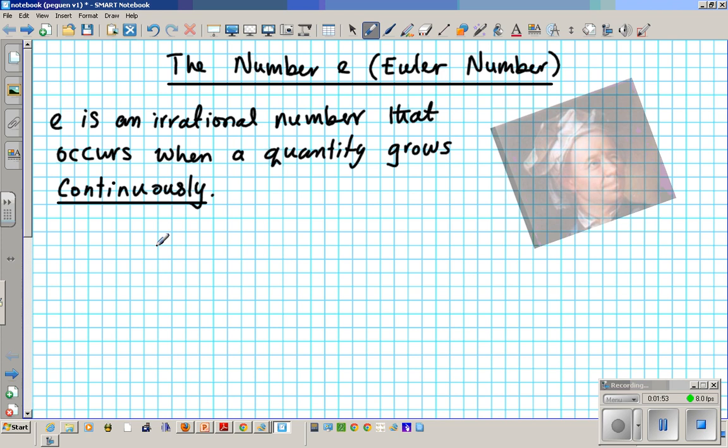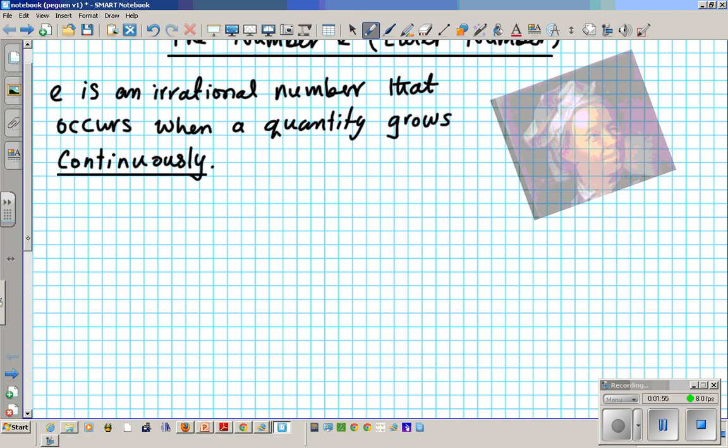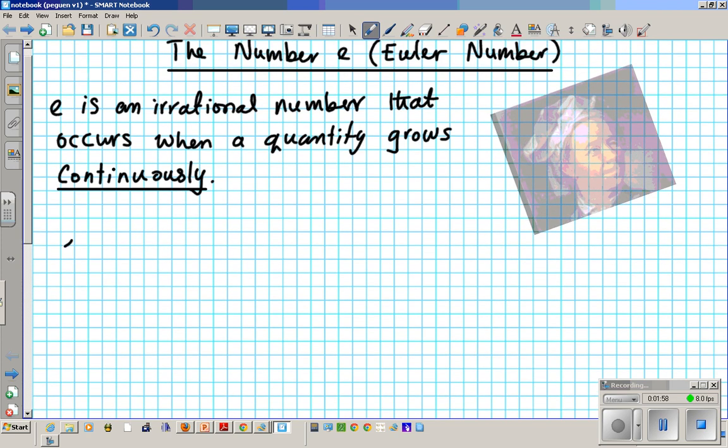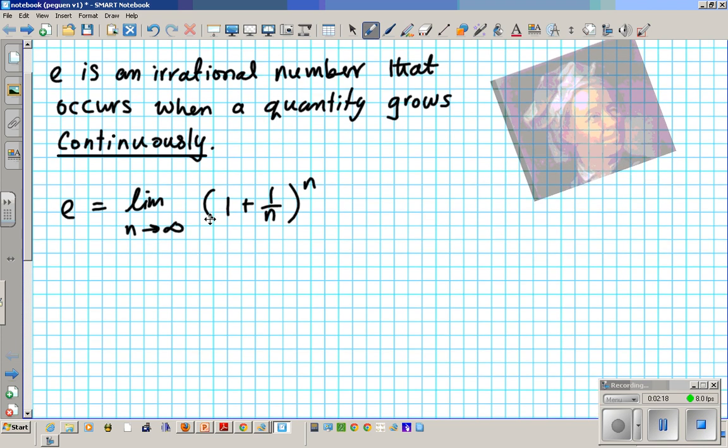Alright? So some renditions of the number e are as follows. We have e equals the limit as n goes to infinity of 1 plus 1 over n to the nth power. And this equation here illustrates the continuous growth.